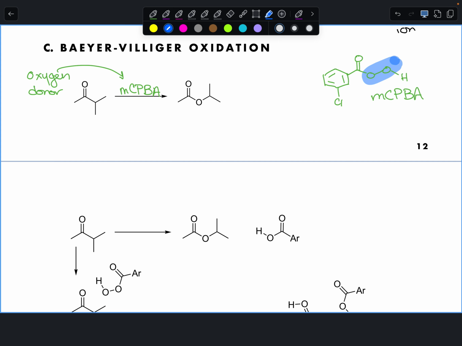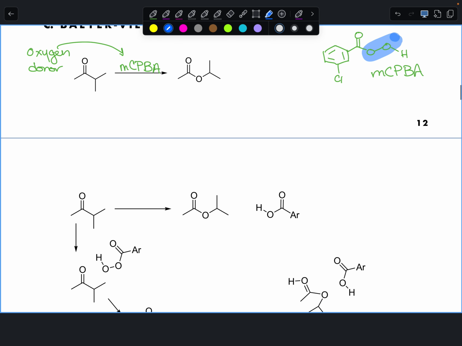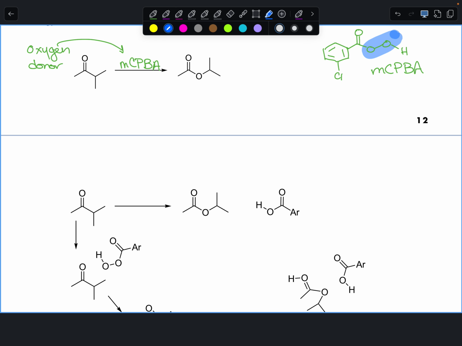So we have our hydrides, which are your sodium borohydride and lithium aluminum hydride. Okay, those are the two we're going to focus on. Your carbon nucleophiles are going to be your Grignards.